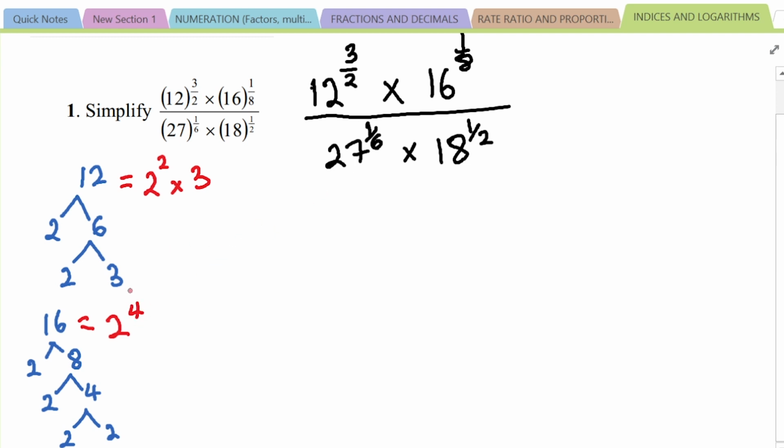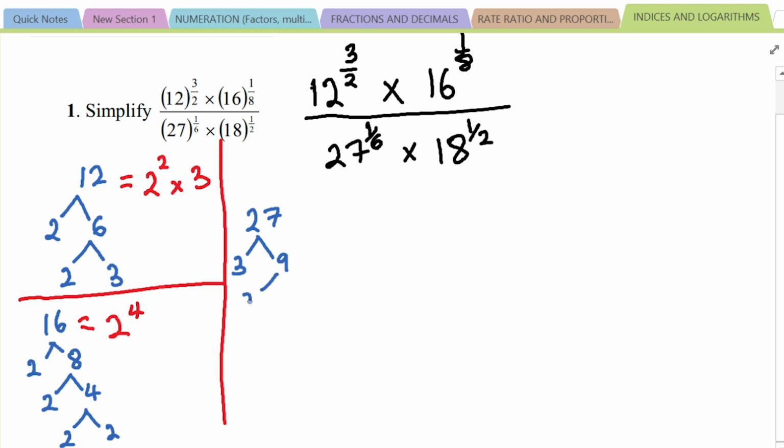Let's get to 27. 27 by 3 will give us 9, by 3 it will give us 3. So 27 is the same as 3 to the power 3. Let's get to 18.